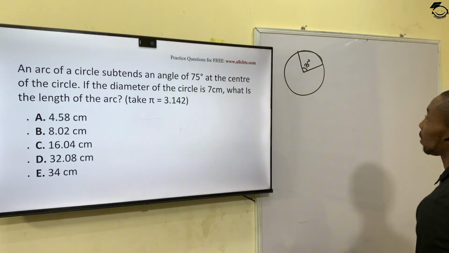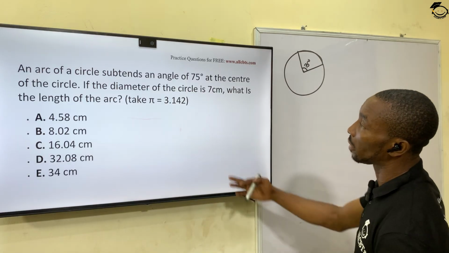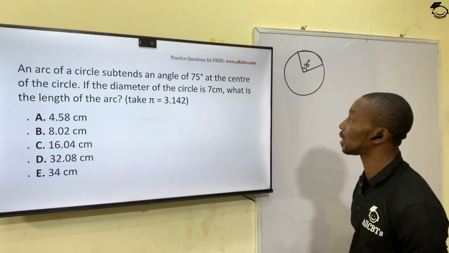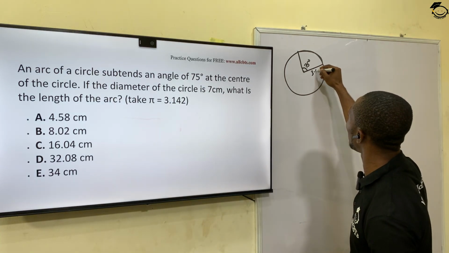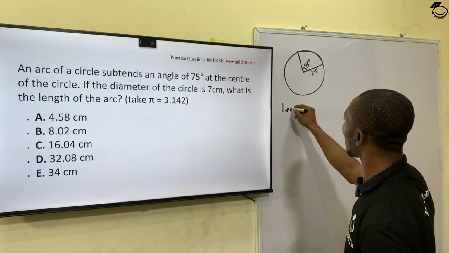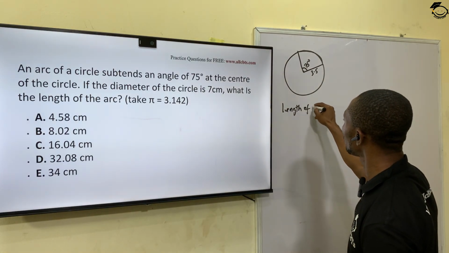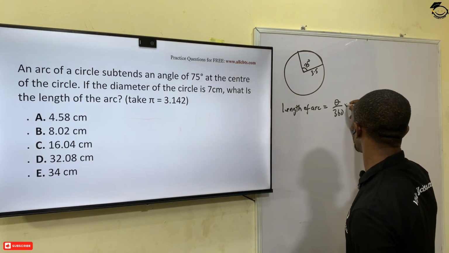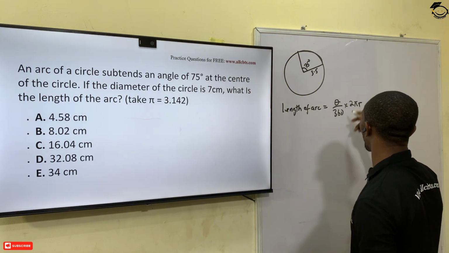All right, now in order to get the length of the arc, we are told that the diameter of the circle is 7 cm. Now, if diameter is 7, that means our radius will be 3.5, diameter divided by 2. Now, length of arc would be theta over 360 times 2 pi r.